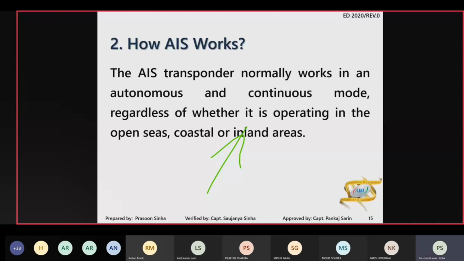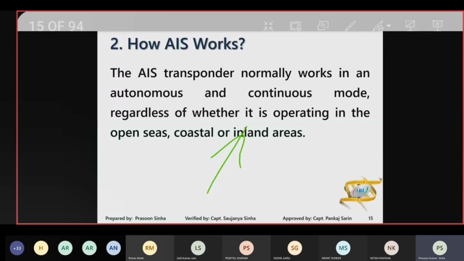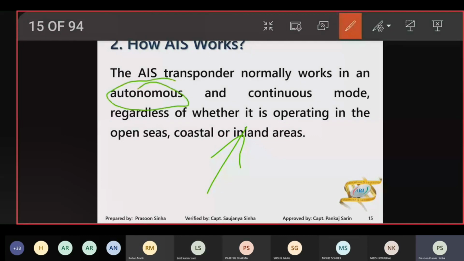And so the whole system of AIS is working all by itself continuously. किसी के बाहर के इंटरफेरेंस की जरूरत नहीं है कि भाई तुम ट्रांसमिट करो, अब तुम चुप हो जाओ, अब तुम ट्रांसमिट करो. No external control, and that is why the name autonomous. No external control.